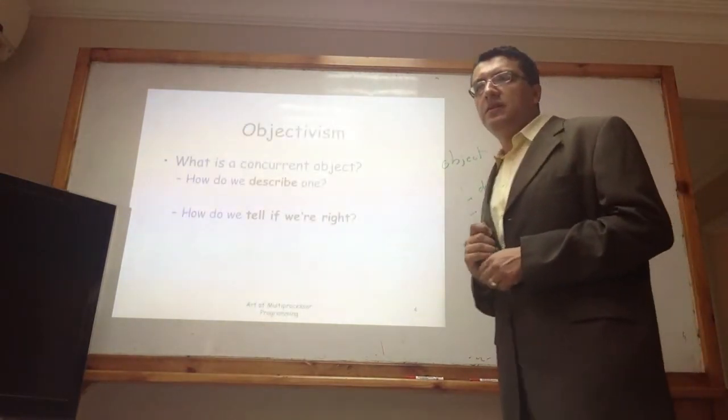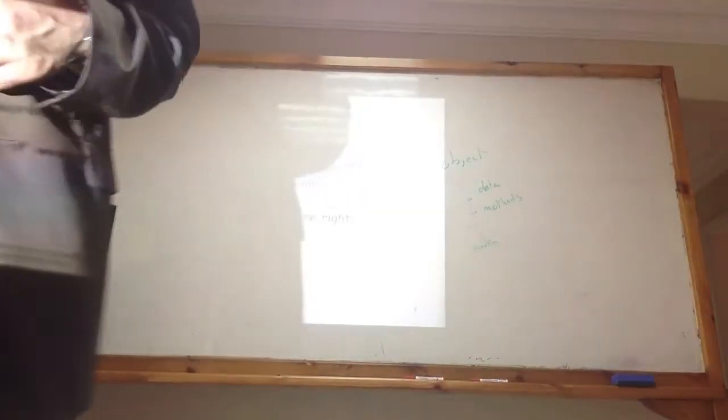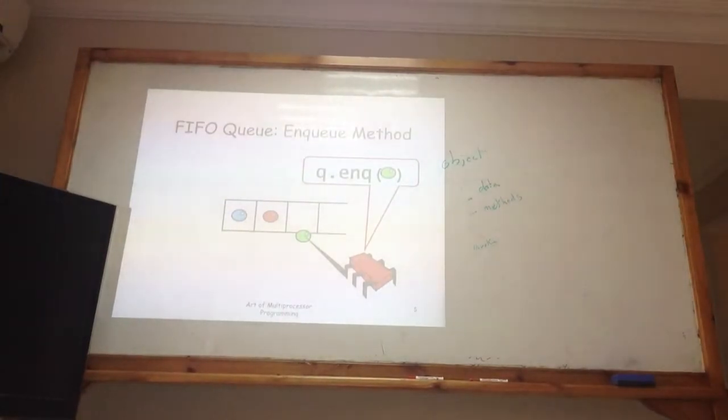So let's see how to describe one. Maybe we'll go through the animation here. What you see here is a queue, a FIFO queue, first in, first out. Just a standard queue. This queue is the object, and you have two fundamental operations, enqueue and dequeue. In this slide you can see the EQ operation.